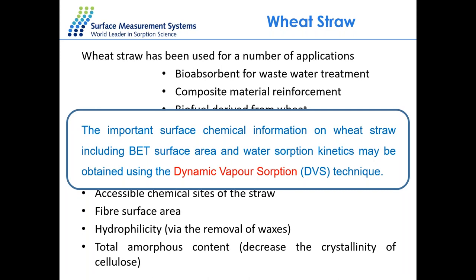What I mean by that is I cannot pre-pick a solvent that I'm going to use for my experiment. Some materials will have specific sorption capacity that will allow us to use water, for example, to measure BET surface area. However, other materials will be too hydrophobic to use water for the experiment, so we might have to move to an organic solvent.